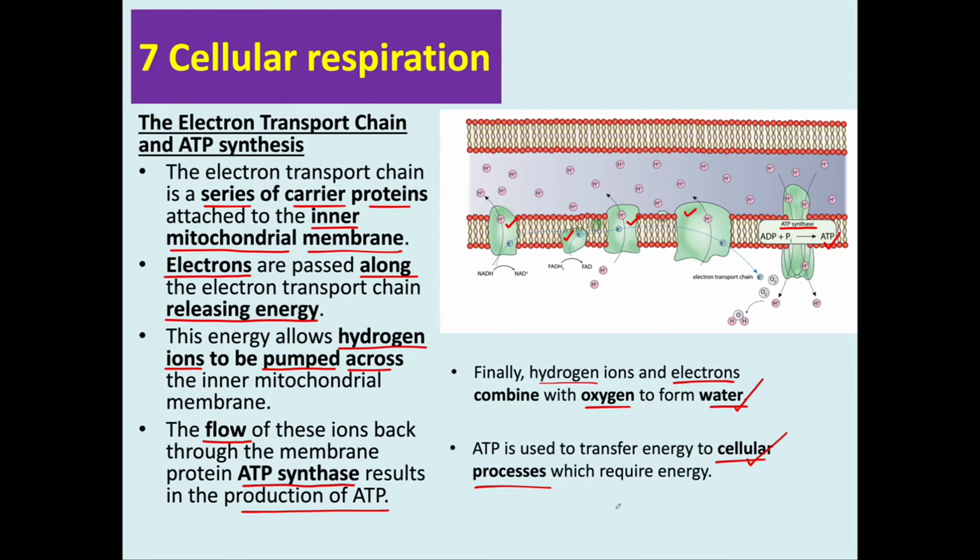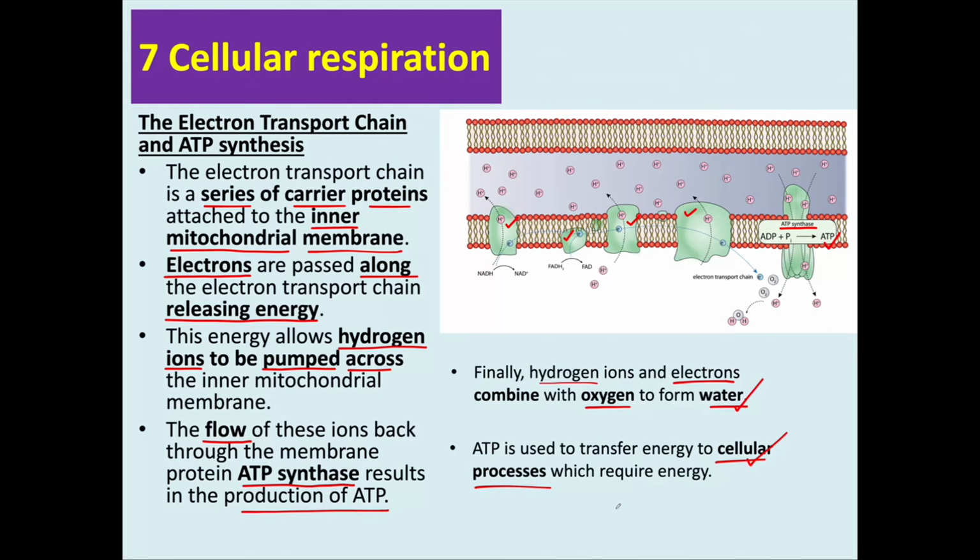This energy allows the hydrogen ions to then be pumped across the inner mitochondrial membrane, and the flow of those hydrogen ions back through the membrane protein ATP synthase results in the production of a large quantity of ATP. Finally, all of those things that are left over, the hydrogen ions, the electrons, and the oxygen that we've breathed in for the aerobic conditions, will all combine together to form water.